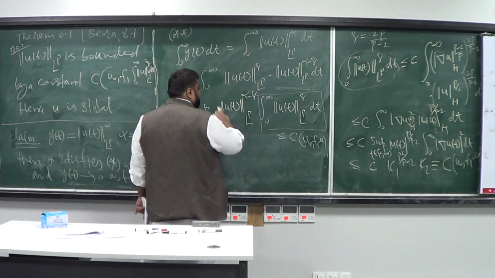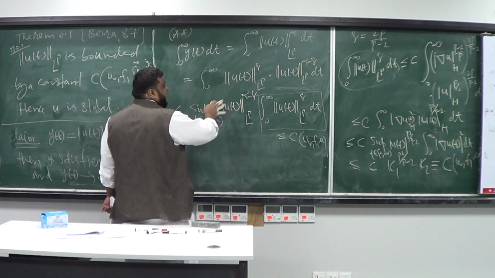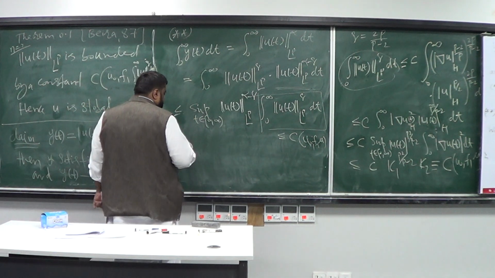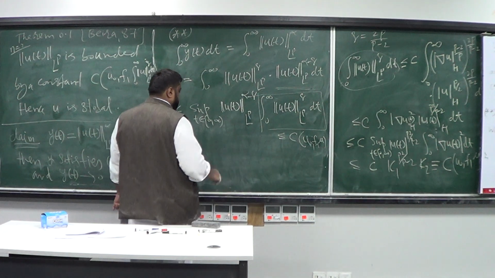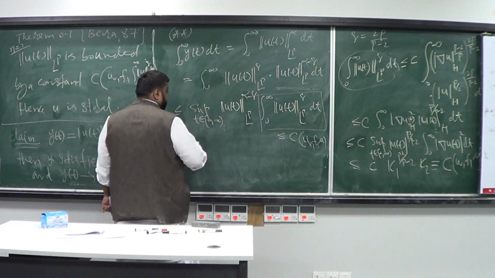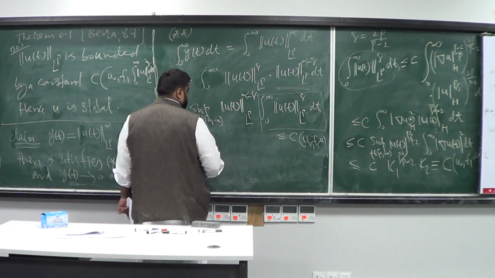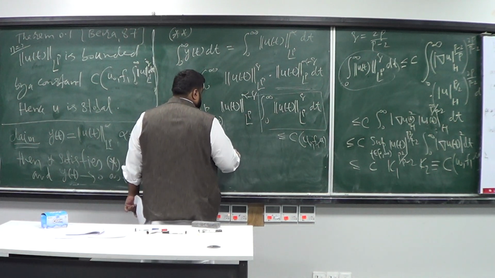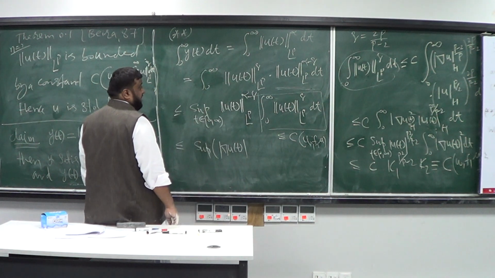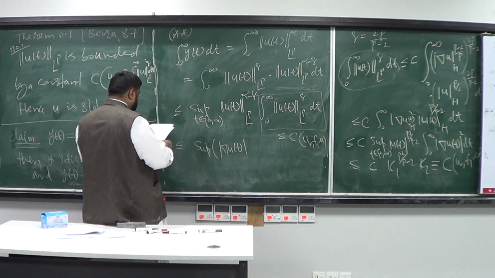And how can I show that the other factor is also bounded? I can apply the Gagliardo-Nirenberg inequality, which estimates it by the supremum of the gradient of u of t.